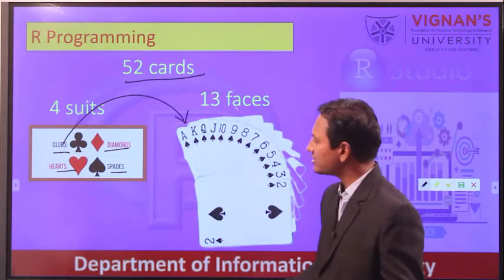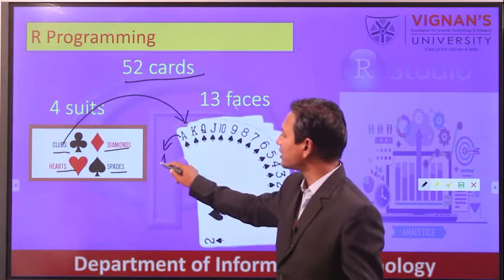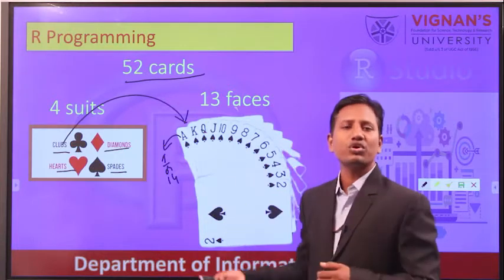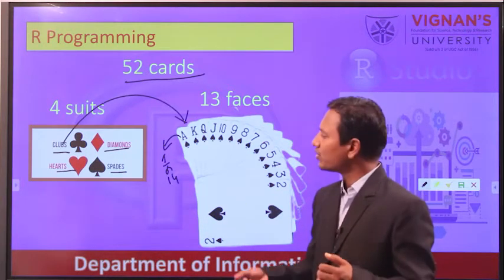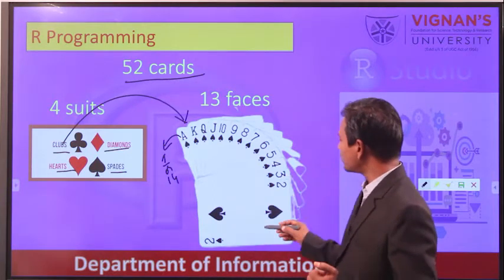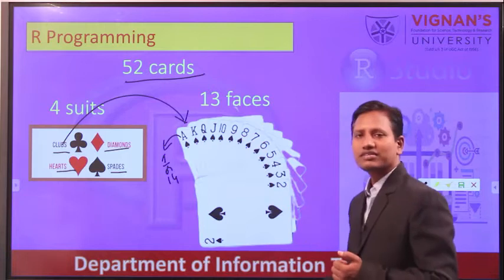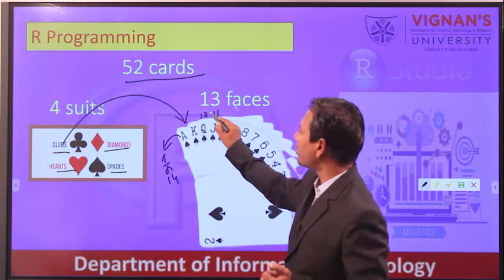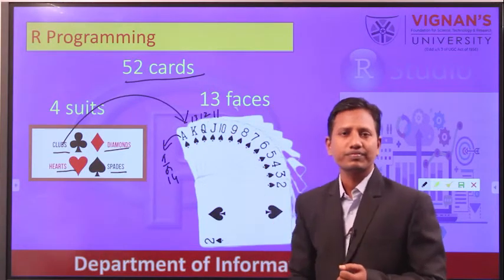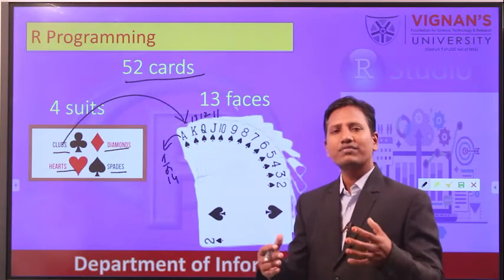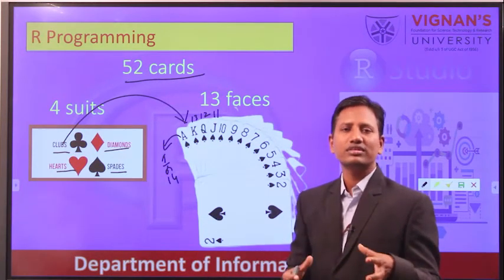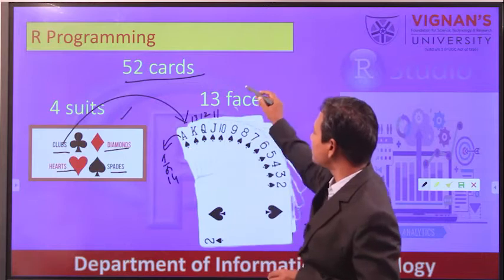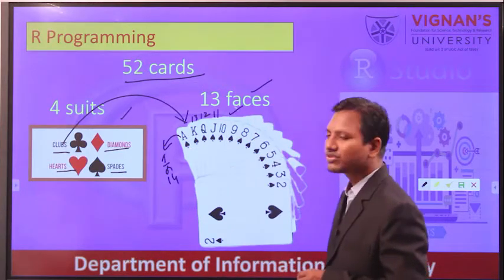Sometimes this A is considered as a value 1, and sometimes it's considered as 14, depending on the game. And we know we have the values. Of course, for 2 to 10 we are going to have the same values, but J is going to have a value 11, and this is 12, and this is 13.